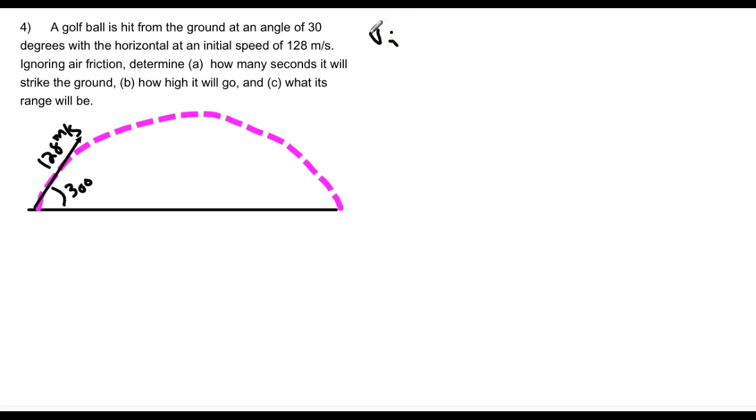So I got VI. Remember, VI is the initial velocity, is the combination of the X and Y velocities. Theta is 30 degrees. Write out everything you know in the X direction and everything you know in the Y direction.